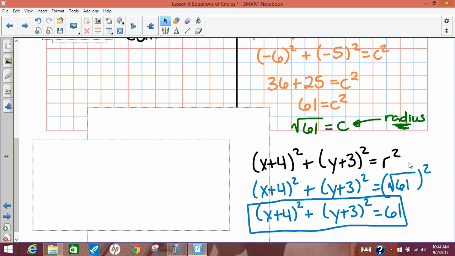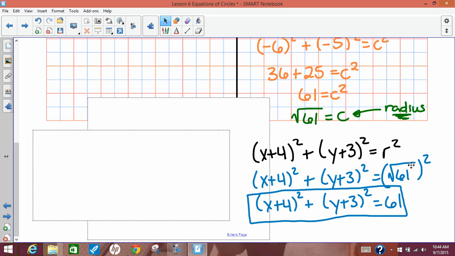So we'll plug in root 61 for r. The square of a square root cancels those 2 things, and we're left with just 61 on this side, and there's our final equation. Whenever we write the equation of a circle, we're going to have an x at the end, we're going to have a y, and everything else should be some sort of number.